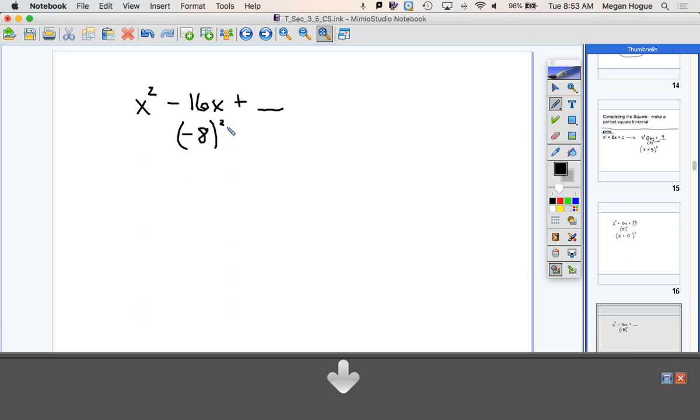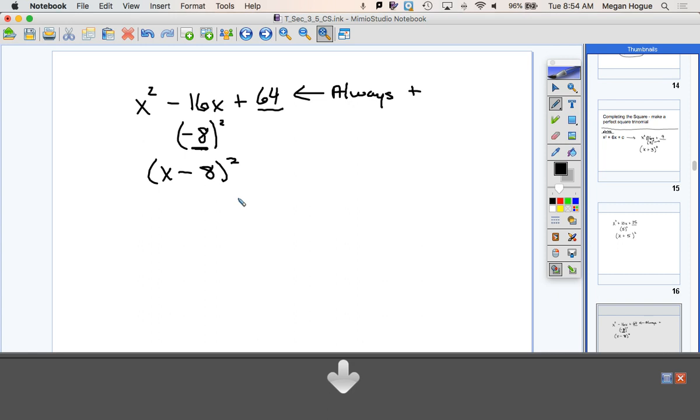I still get positive, because a negative times a negative is positive. This number is always positive. A positive times a positive is positive. A negative times a negative is positive. So we're always going to be adding that c. And so this is going to be 64. So I don't really have to think about it. I know it's going to be x minus 8 squared. And again, right now I don't have anything that's going to be equal to.